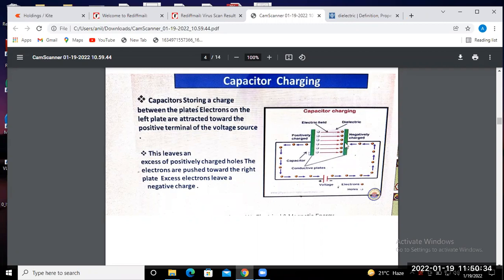This red symbol indicates the electrons, and this white one is a representation for the holes. Current is flowing from the positive polarity of the battery along this direction, which is opposite to the electron flow direction.